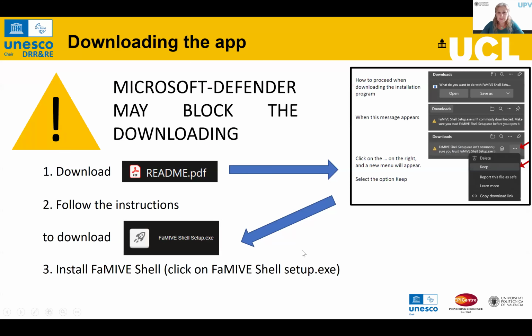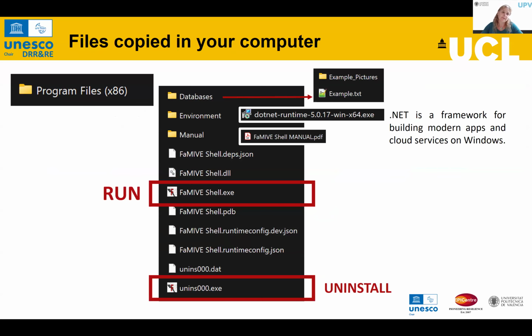Because Microsoft Defender may block the downloading, first you have to download the README PDF, and then following the instructions, you download the FaMIVE shell setup. And to install it, you have just to click on the setup. And after that, the following folders and files will be copied in your computer. The folder databases, with one example of a database with different facades, is a text file.